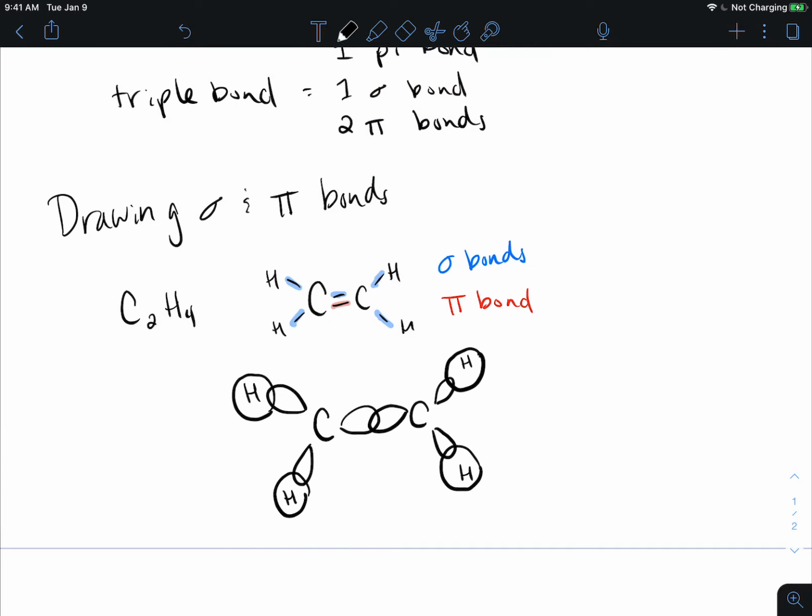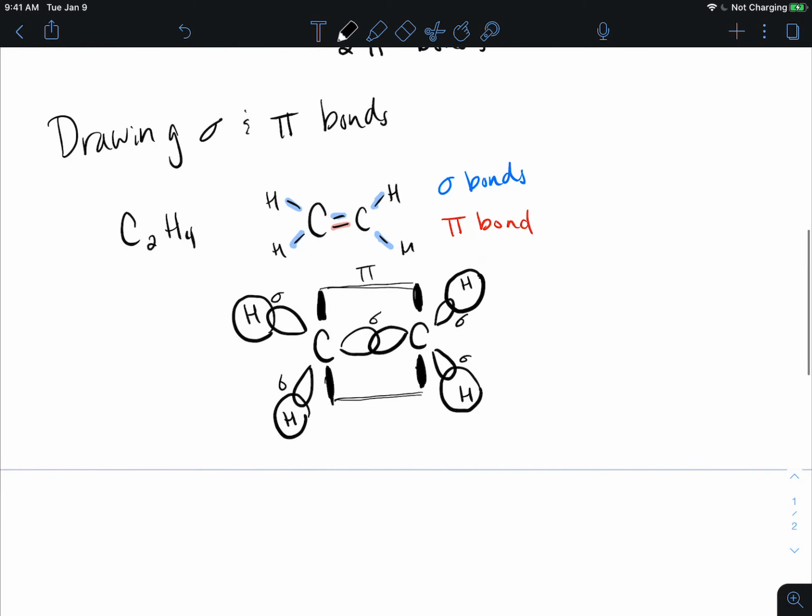So we draw it, I usually draw them as lines. So here are two lobes of our p orbital, and then the two lobes of our other p orbital. So this is the lobe of the p orbitals, and then this is going to be that indirect overlap. So this would be our pi bond. Pi bond is above and below the internuclear axis. This is a sigma bond, sigma bond, sigma bond, sigma bond, sigma bond along the internuclear axes. And that's how we draw it.